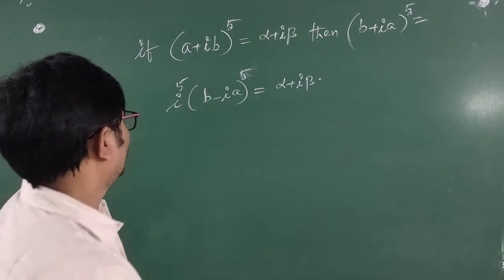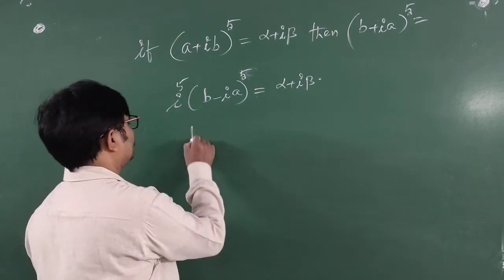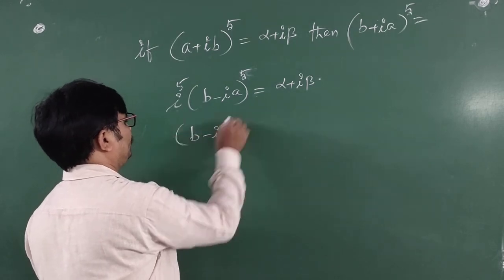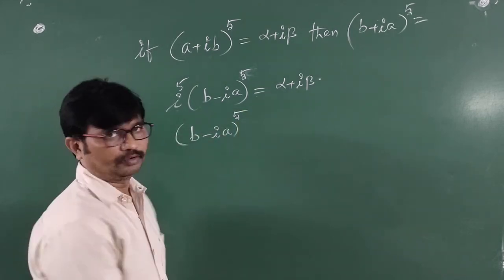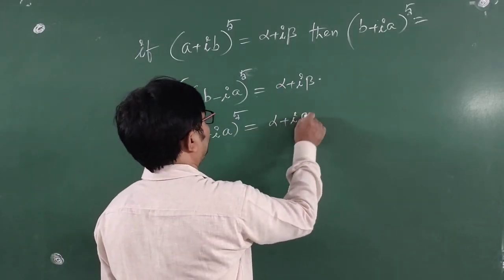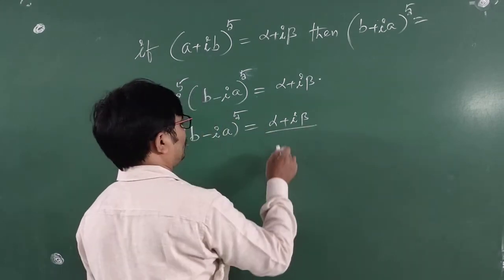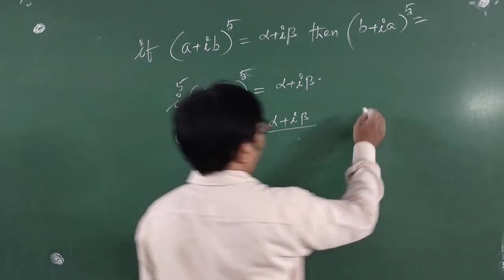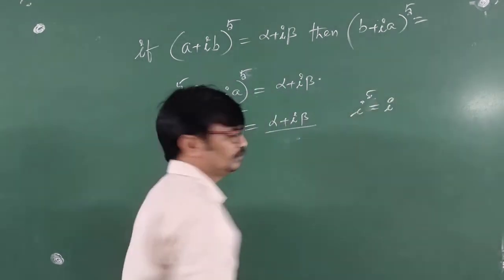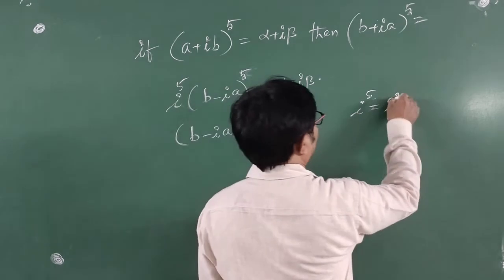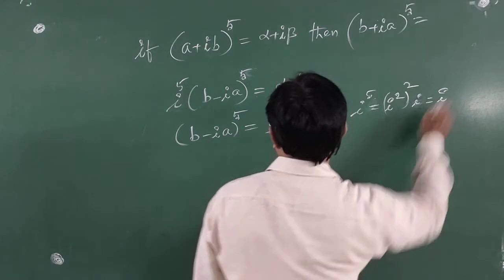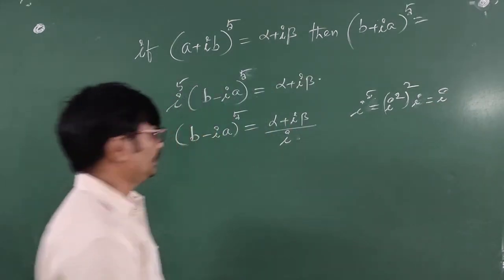Okay, students, now we can take b minus ia whole power 5 equal to, dear students, alpha plus i beta by i power 5. Everybody knows that i power 5 is i power 4, which is i square whole square, into i, and this is nothing but i.